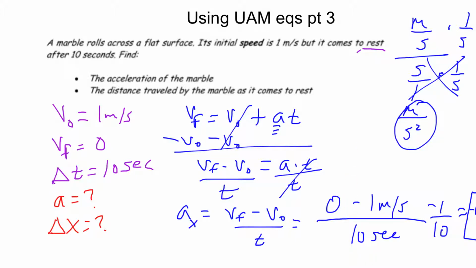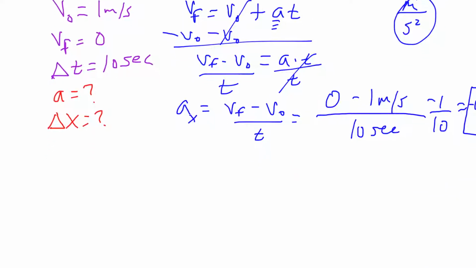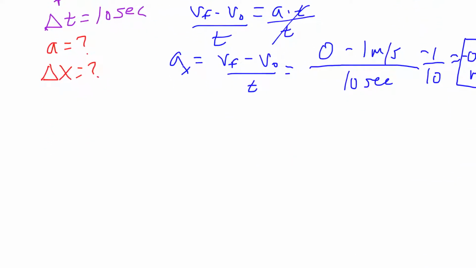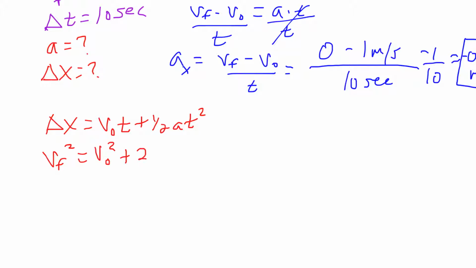Let's write down the equations that we can use here to figure out displacement. There are 2 UAM equations that have displacement in it. We've got delta x equals initial velocity times time plus 1/2 at squared, or we've got final velocity squared equals initial velocity squared plus 2a times the displacement.